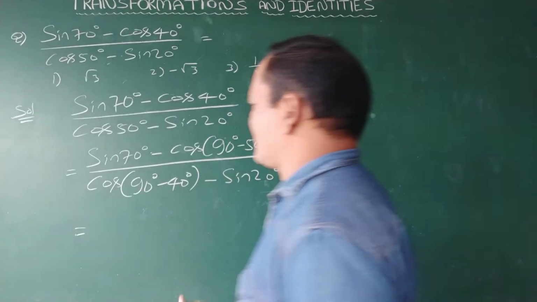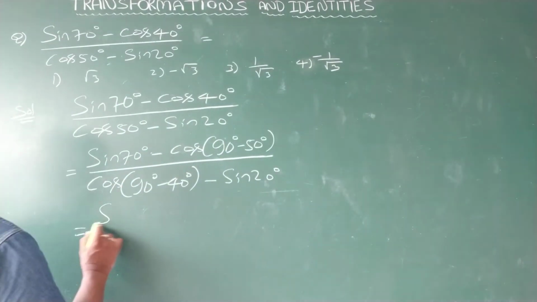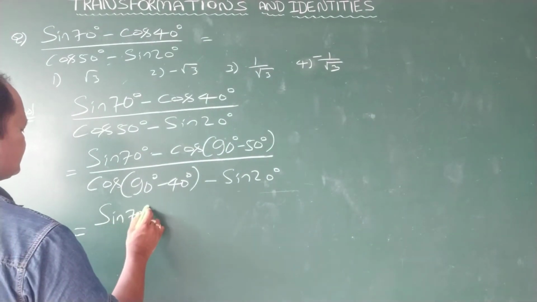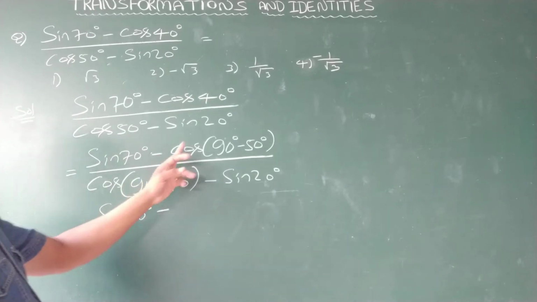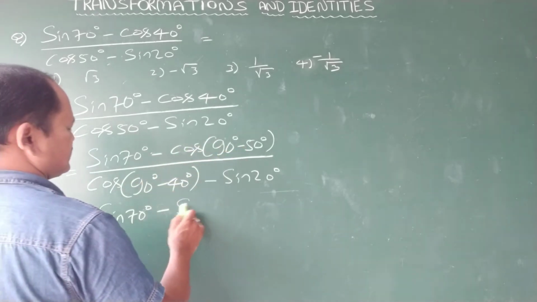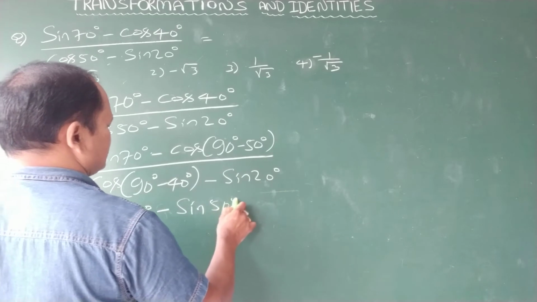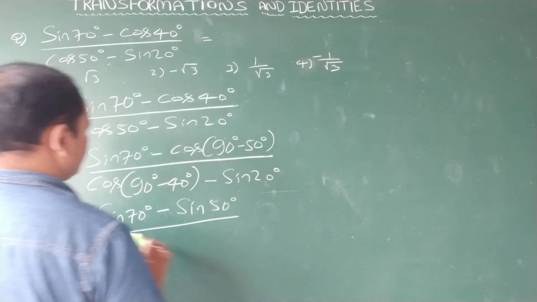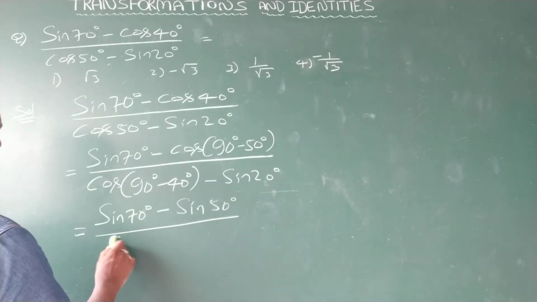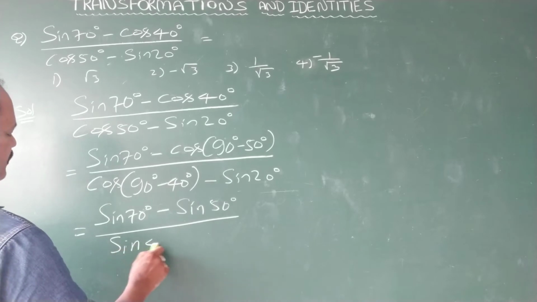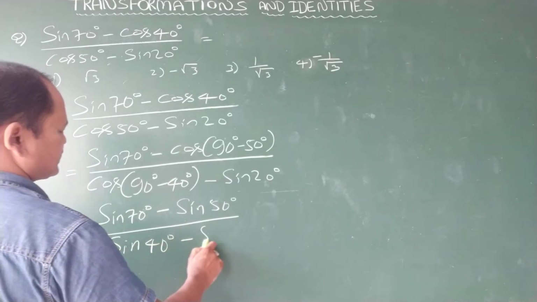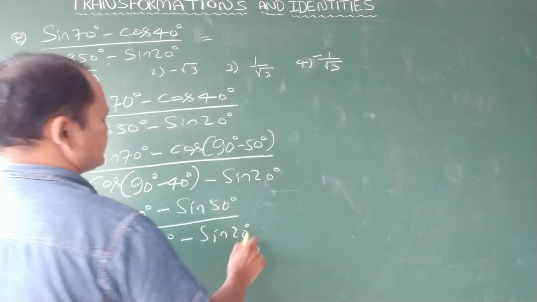Now from this we write: sin 70 degrees minus cos (90 minus 50), which is sin 50, by cos (90 minus 40), which is sin 40, minus sin 20 degrees.